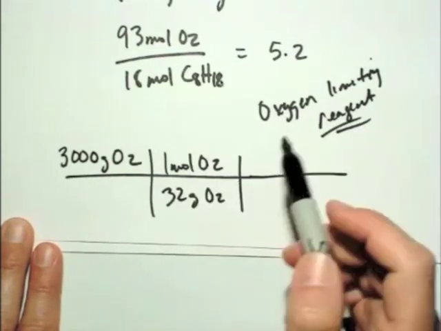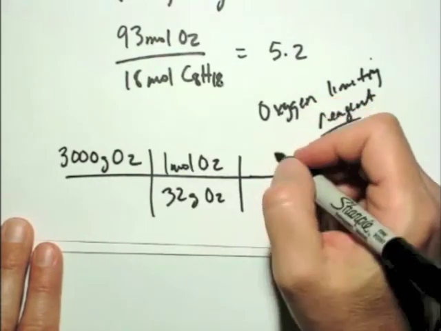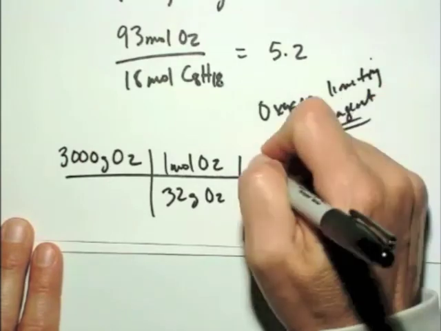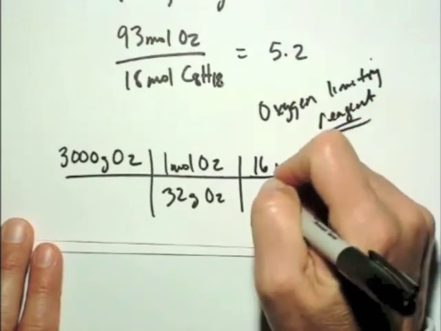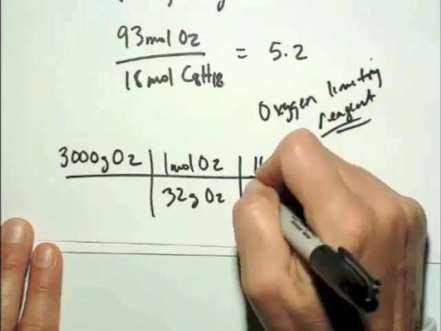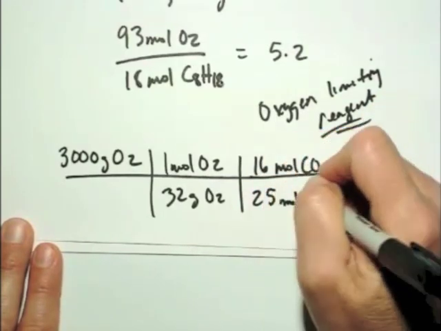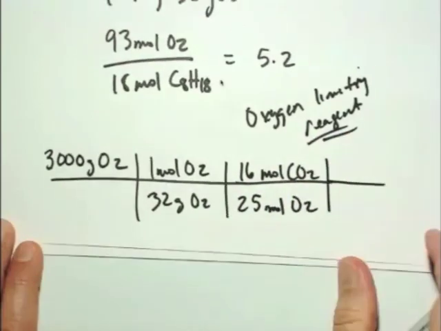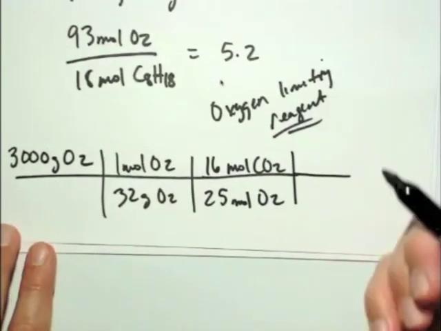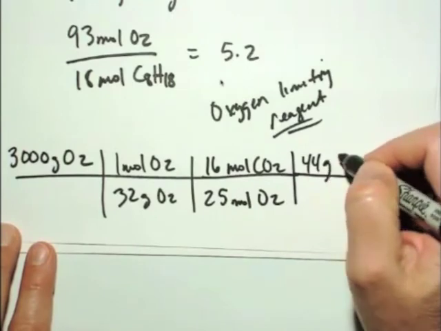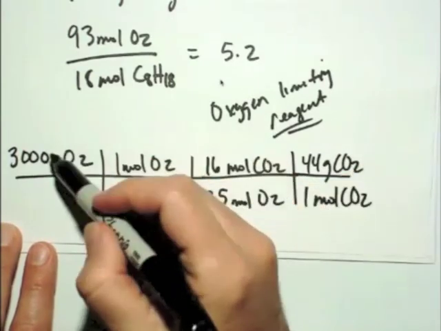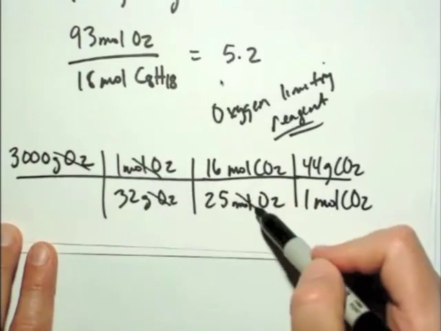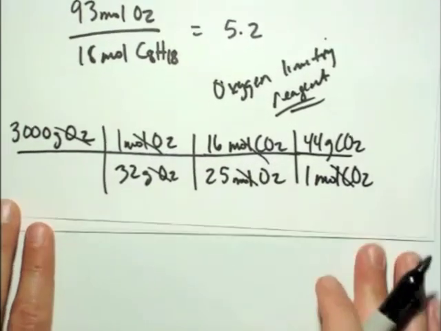And then now we're in moles of oxygen, we want to go to moles of carbon dioxide. And from the balanced chemical equation, 16 moles of carbon dioxide for every 25 moles of oxygen consumed in that particular problem. And then back to grams of carbon dioxide, 44 grams carbon dioxide per 1 mole of carbon dioxide. The units cancel, we're left in units of grams of carbon dioxide.